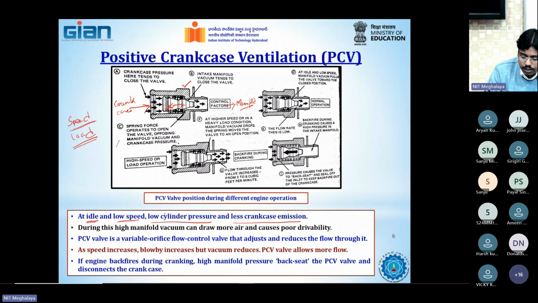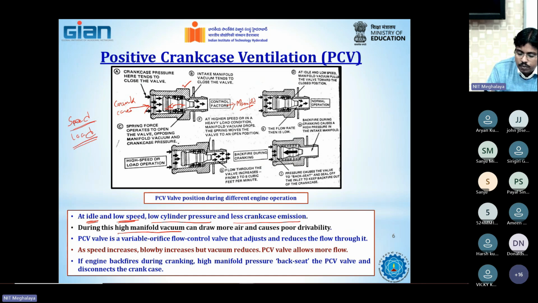But during idle and low speed condition, the manifold vacuum is very high. Manifold vacuum usually remains high when we operate at idle and low speed.